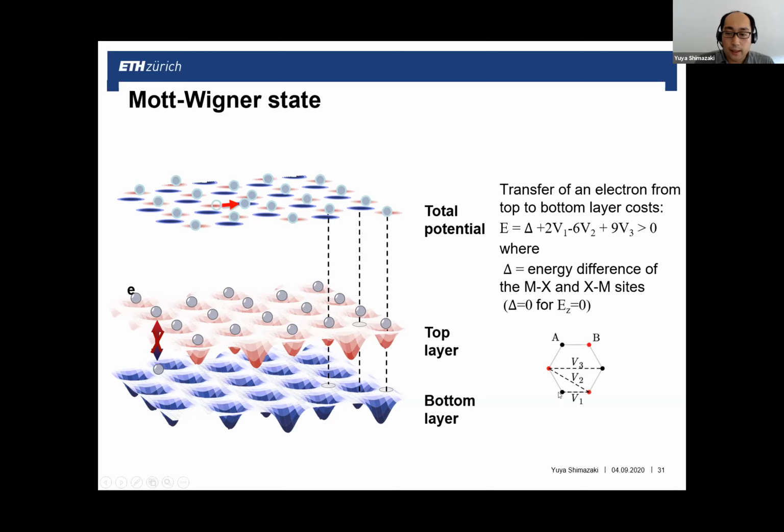By transferring charge from here to this bottom layer site, we have to pay additional energy of the nearest neighbor electron interaction. We gain energy from the next nearest neighbor interaction, but we again have to pay for the third nearest neighbor interaction. In all, this energy cost is positive. So transferring a single charge to the other layer costs finite energy.